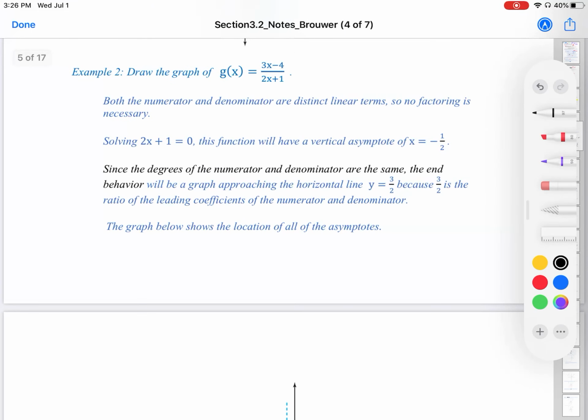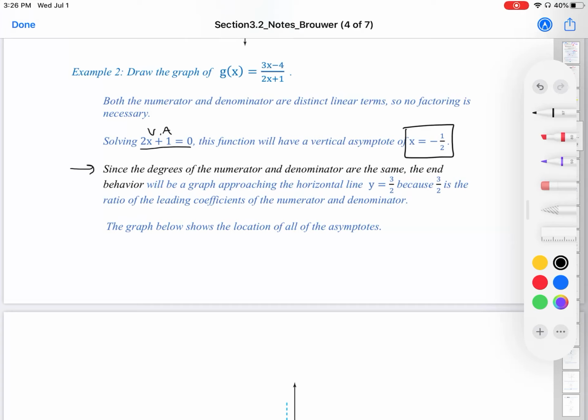Example 2. Draw the graph of 3x minus 4 over 2x plus 1. Both the numerator and the denominator are distinct linear terms, so no factoring is necessary. Solving the denominator equal to 0 yields your vertical asymptote, and you'll get a vertical asymptote of negative 1/2.